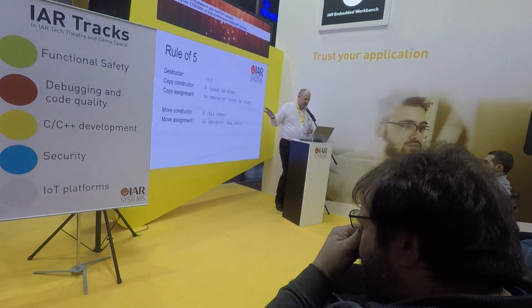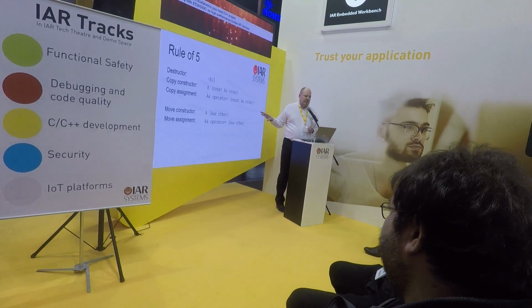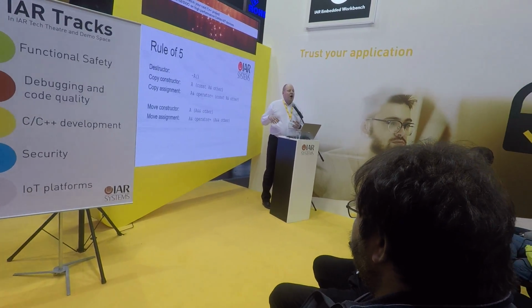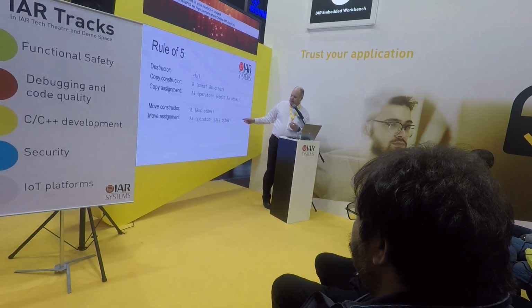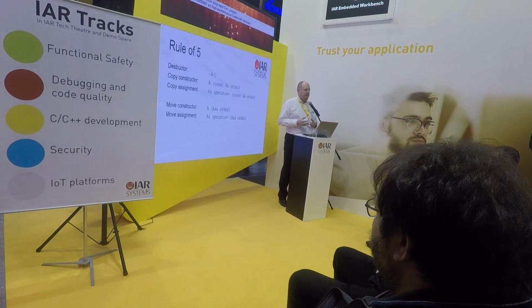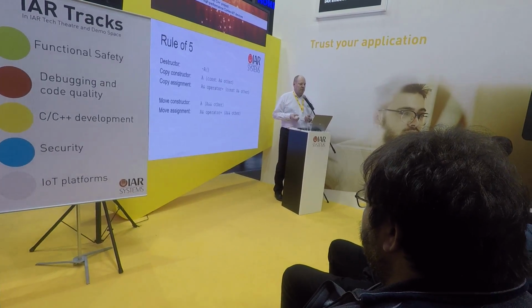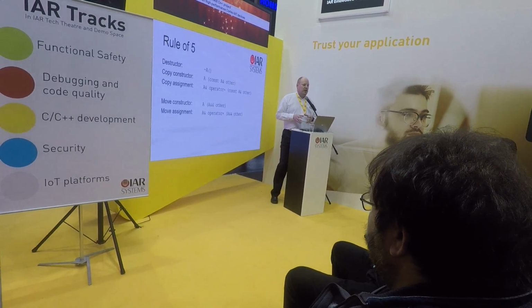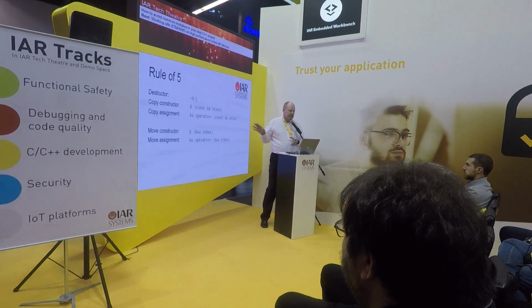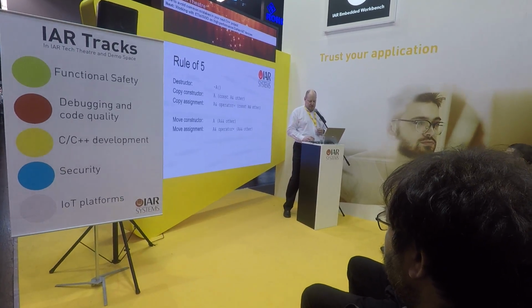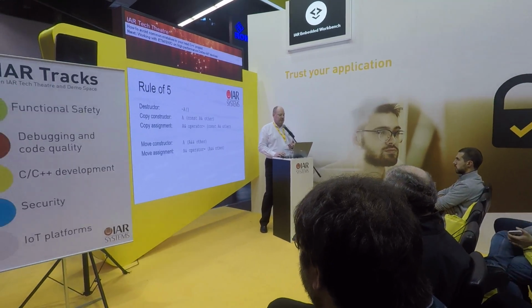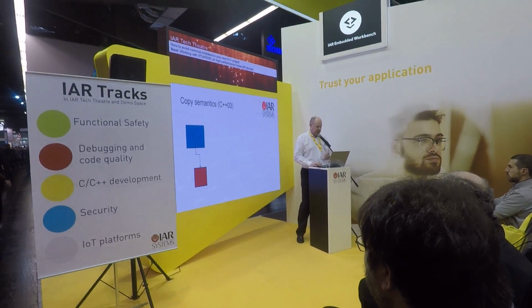These functions are aware that the incoming objects are temporary objects. So when you get the call to a move constructor or a move assignment operator, you know that when this function ends, the temporary object will be destroyed, which means that you can do several optimizations.